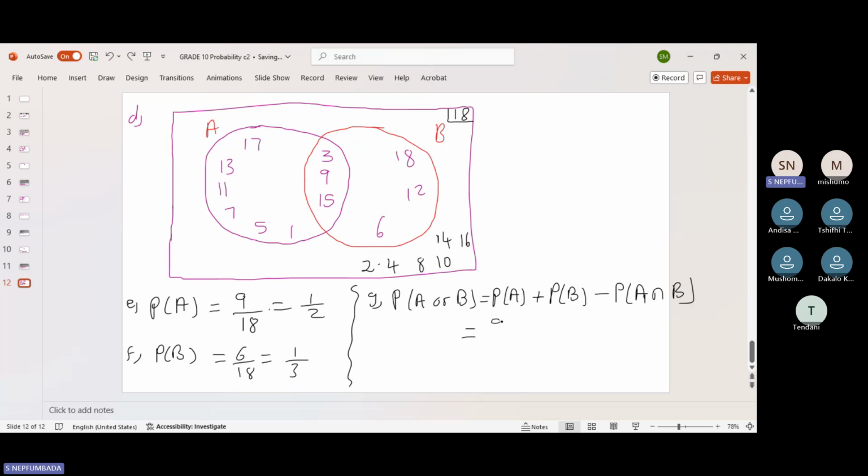Is 9 over 18, plus 6 over 18, minus the intersection probability, 3 over 18. Now you are satisfied, right? Yes. Then you get 12 over 18, which is equal to 2 over 3.